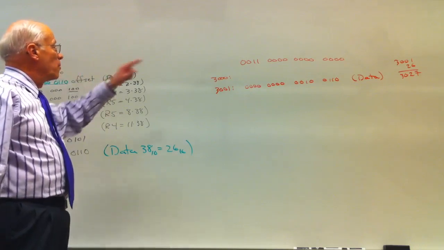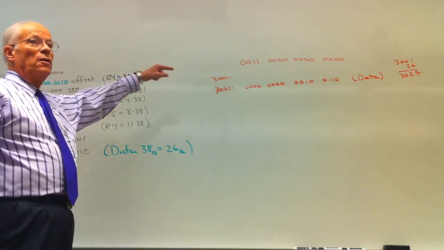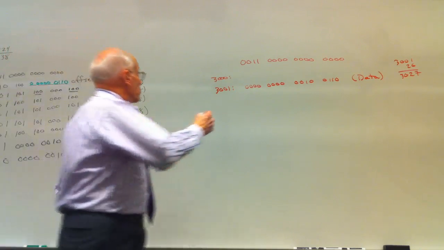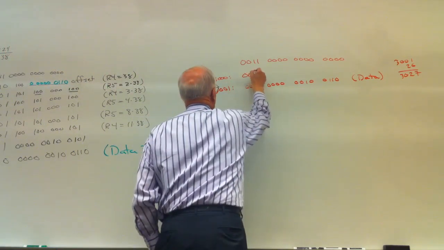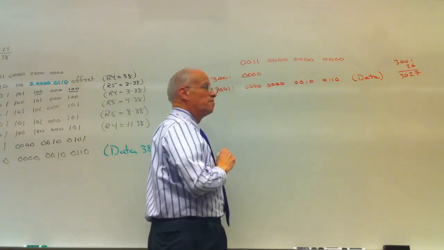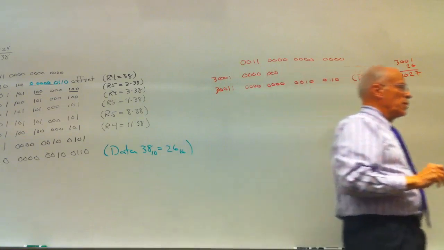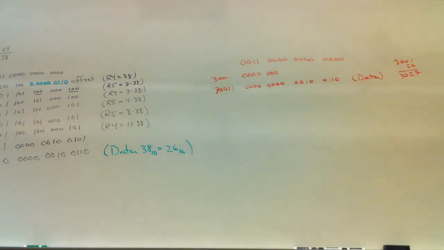Now I've got to get around that data somehow, so I do a branch. Okay, here's our branch instruction. Three zeros here say it's an absolute branch. It's going to do it every time, unconditional, not less than, greater than, anything else.